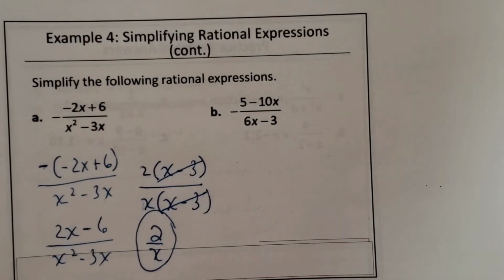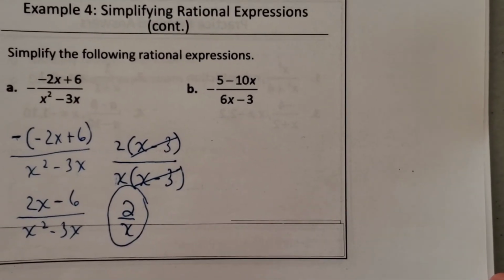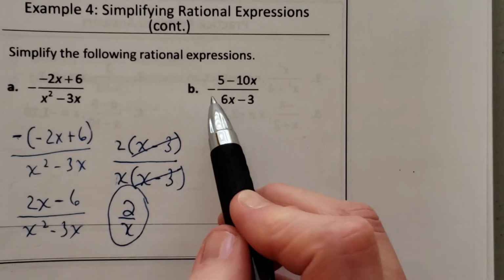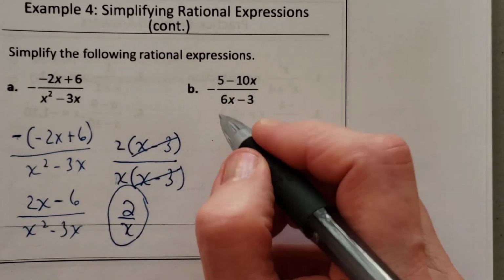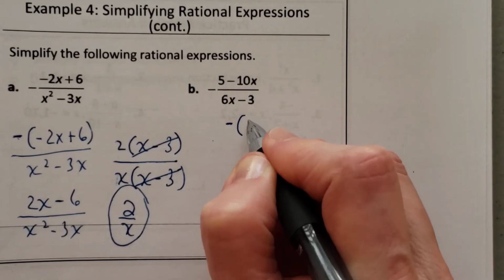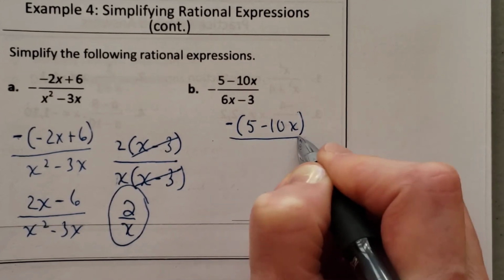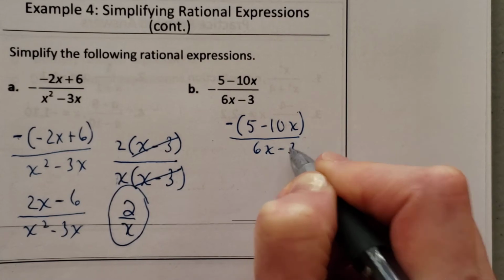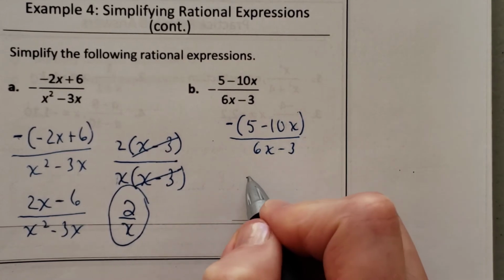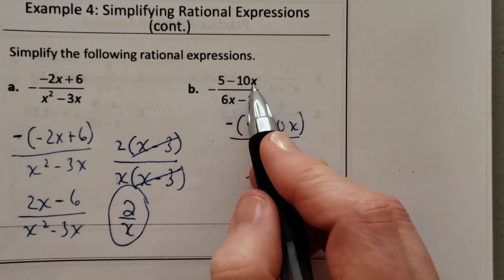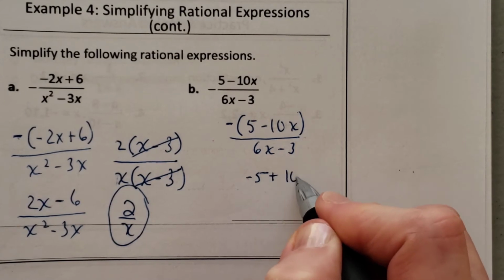All right, letter B. I'm going to see what I can divide out of the top. Oh, first I have to distribute that negative sign. So I'm going to write the opposite of 5 minus 10x. The opposite of 5 is negative 5. The opposite of negative 10x is plus 10x.